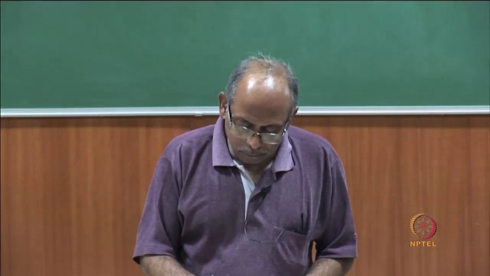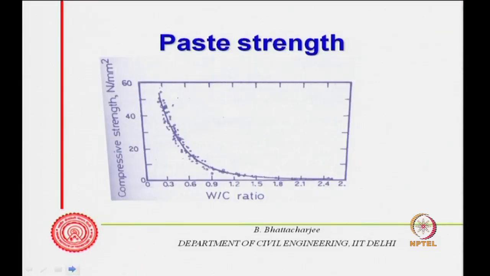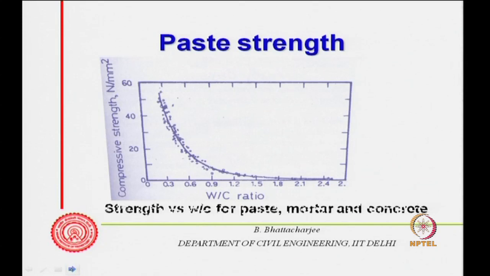And this is what possibly the next diagram will show. This diagram will show paste strength or mortar strength or anything of that kind. As the water cement ratio is higher, compressive strength reduces. So, therefore, this is the fundamental.